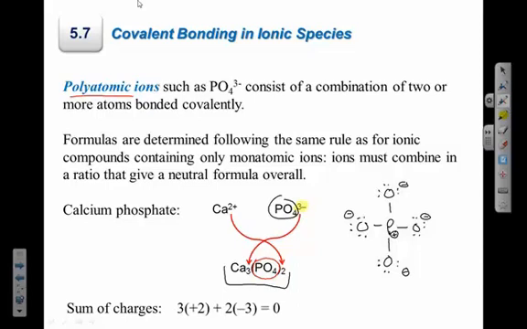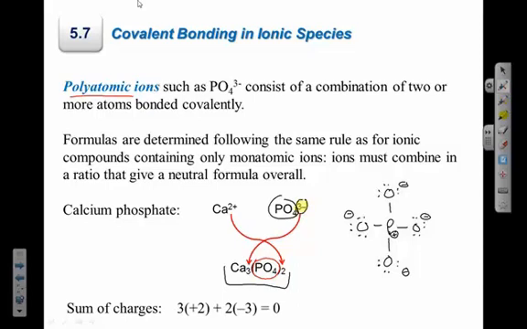Because if I just took one of each of these and I had an extra negative, because there's a 3 negative and a 2 positive, that extra negative repeating over and over again would cause a huge amount of instability due to all that extra imbalance in charge. So my individual unit in an ionic compound has to be balanced. So that means the formula has to account for that.